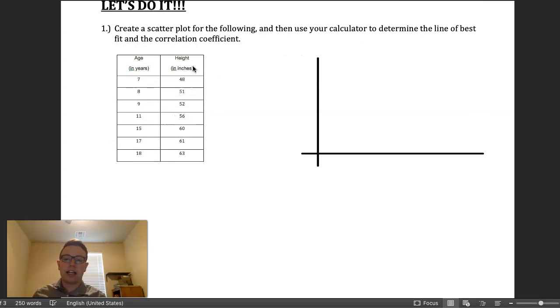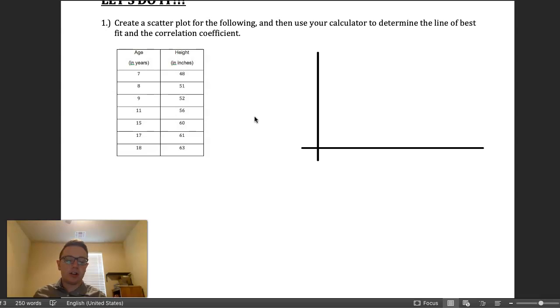So let's start by making a scatter plot, and then I'll show you how to do these inside of your graphing calculator. We have age and height here. I expect age will probably be our independent variable, so it goes on our x-axis, and height will be on our y-axis. It's our dependent variable. Now let's make our values.